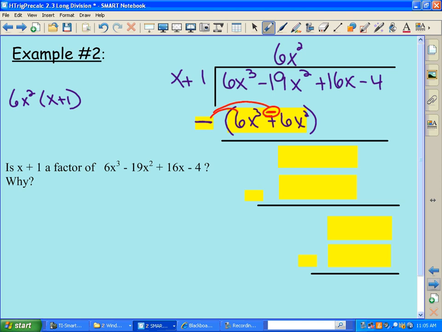You're only looking at that first term, so the plus 1 does not change anything when you're trying to eliminate that first term. So ask yourself, I have an x, what do I need to multiply by to get rid of 6x cubed?